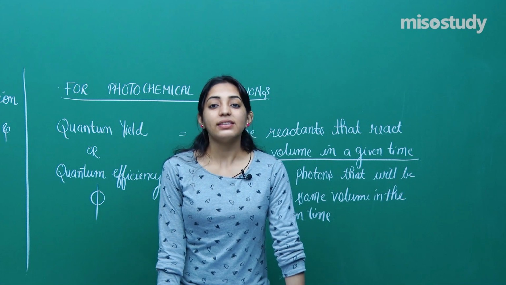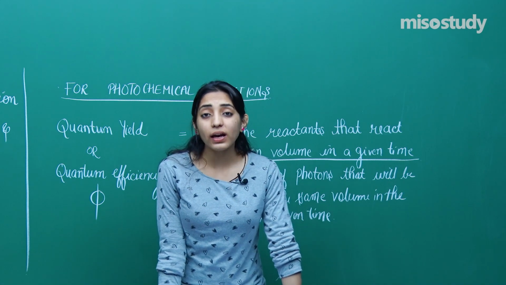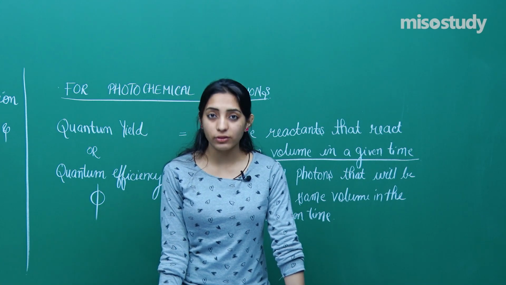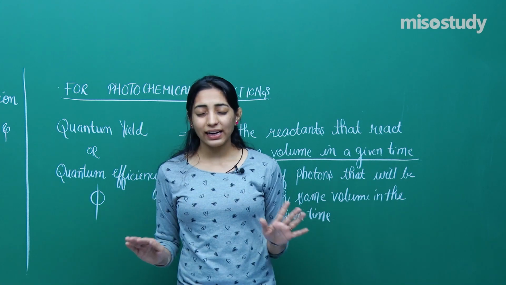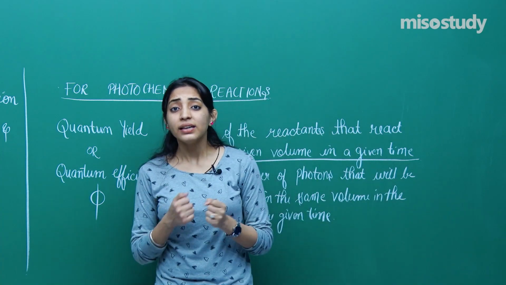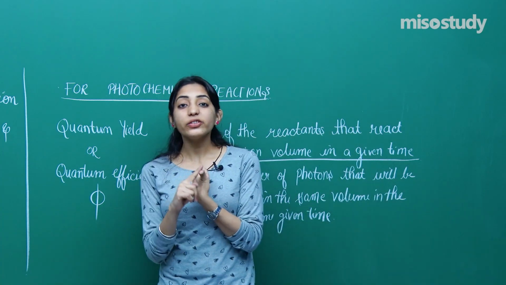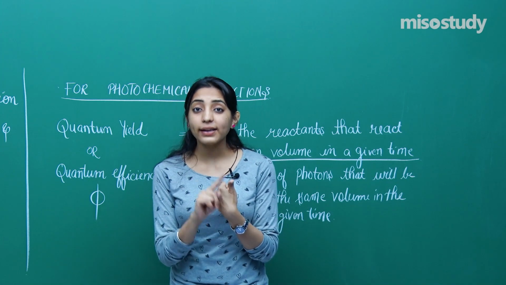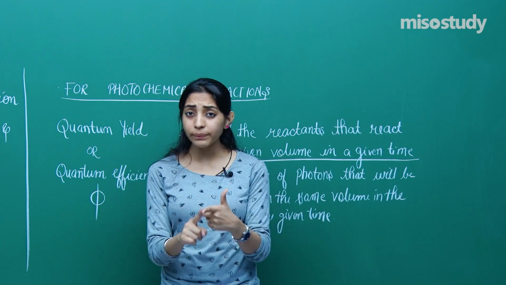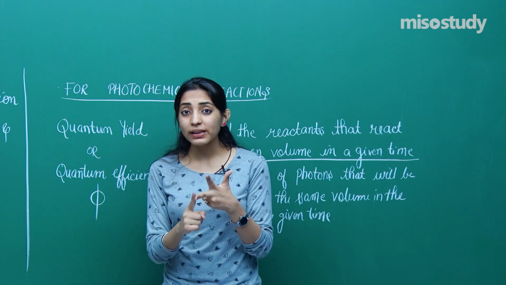So that's it. This was all about the different factors which affect the rate of any particular chemical reaction. Now let me make you revise all 7 important points. The first one was the concentration of reactants, not of the product. Second was the pressure in the entire system. Third was the volume in the entire system.